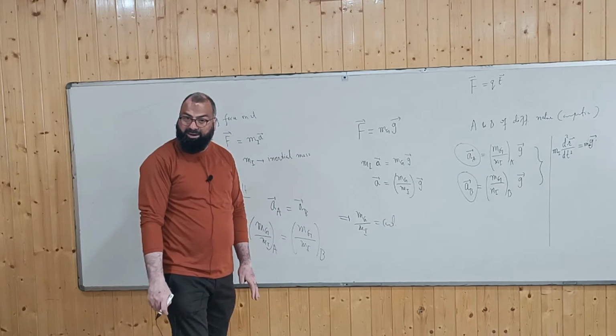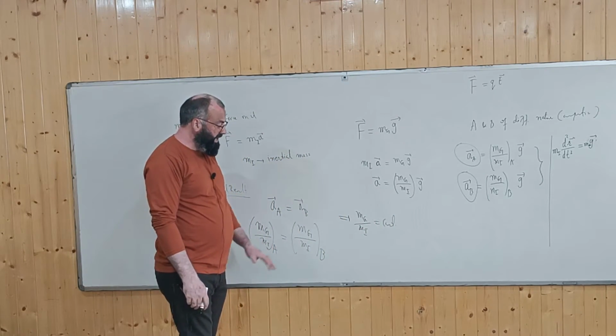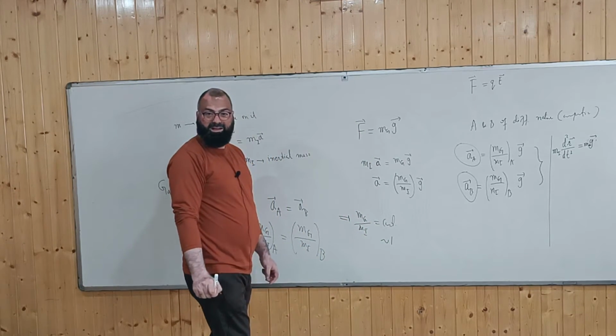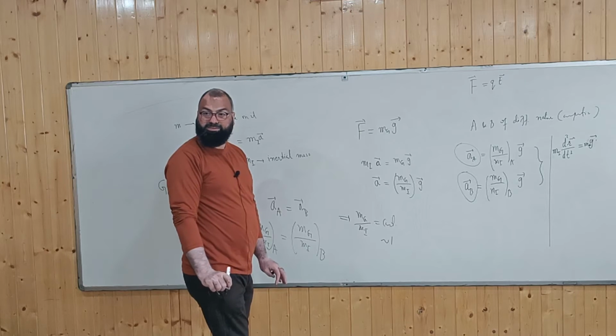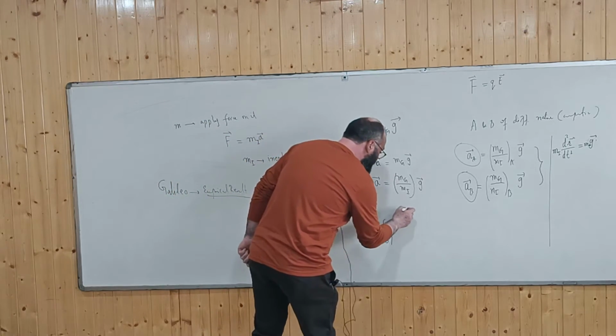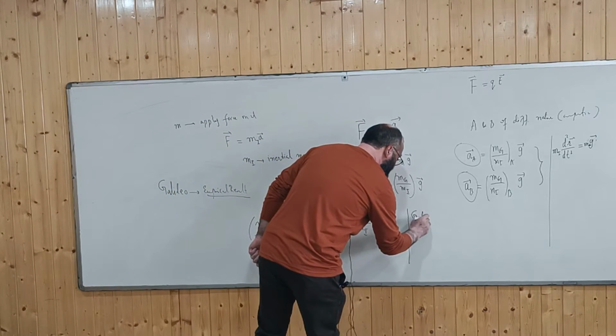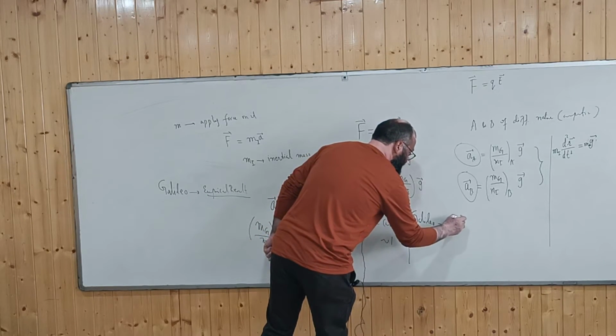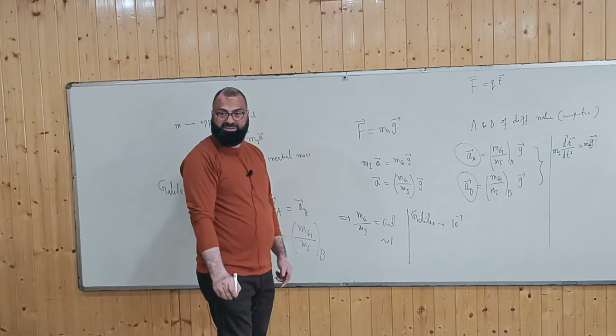And it has been found that this constant is approximately equal to 1. Initially, Galileo found it up to the order of deviation of 10 raised to power minus 3.